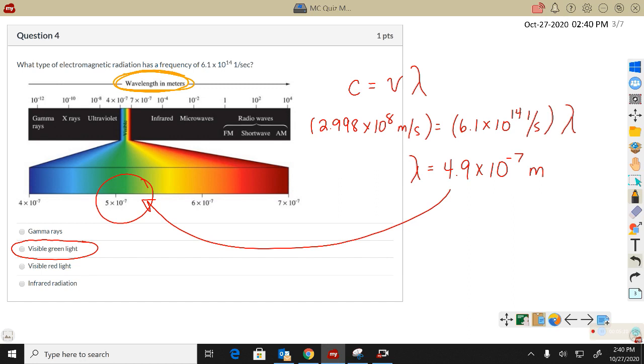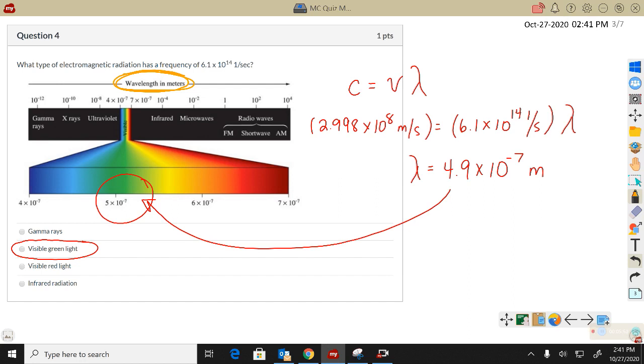So if I can take that frequency and find its corresponding wavelength, then I can just match it up to the chart. The speed of light is given to me in the packet, about 2.998 times 10 to the 8th meters per second. I have the frequency, and I'm solving for the wavelength.